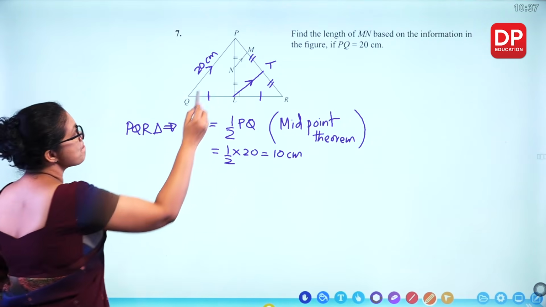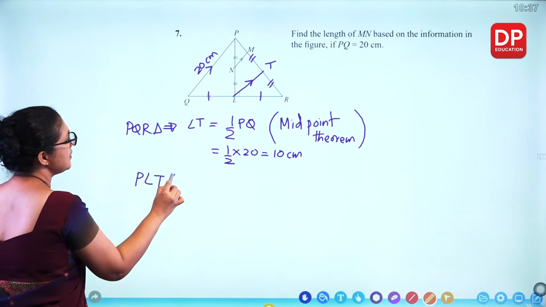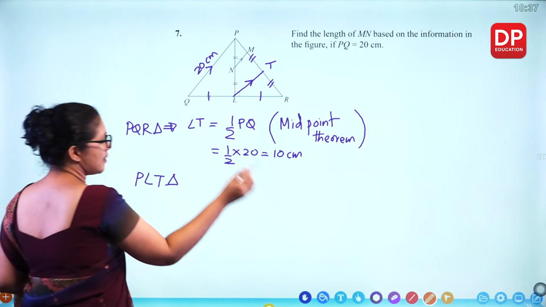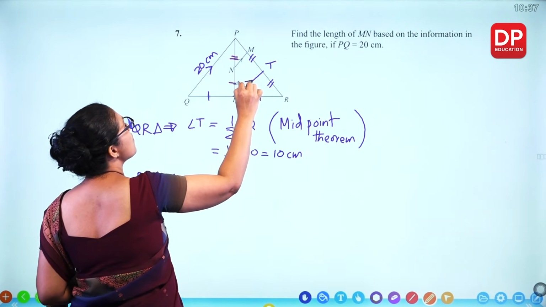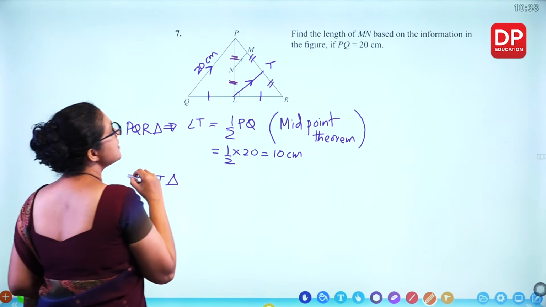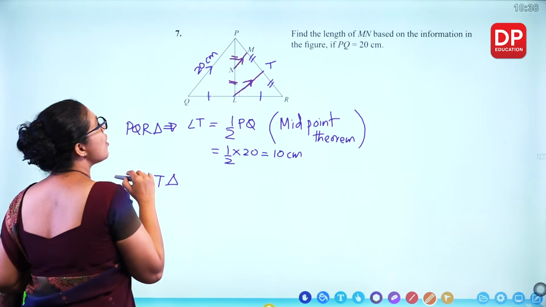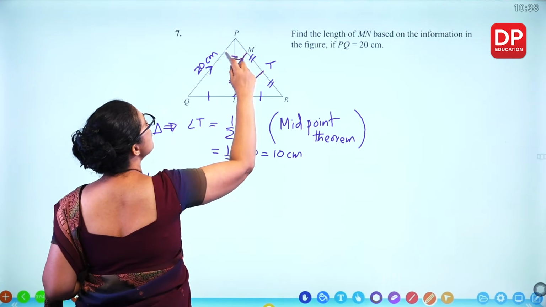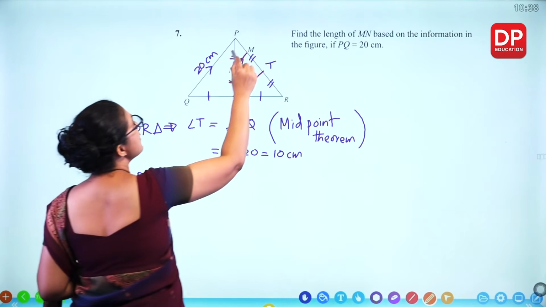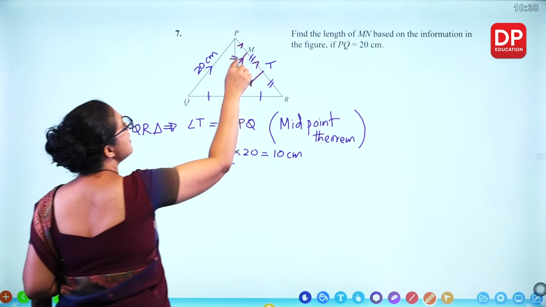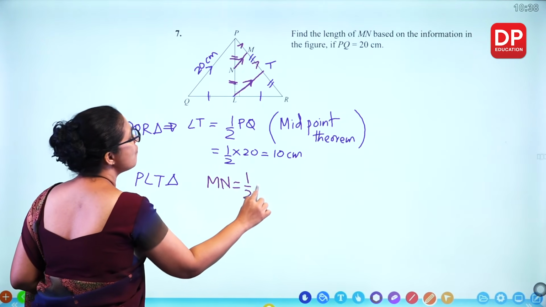Now look at the PLT triangle. In the PLT triangle, this length is equal to this one and these two lines are parallel. What can you say about this one? According to the Converse theorem, this is equal to this one, then MN is equal to half of LT.